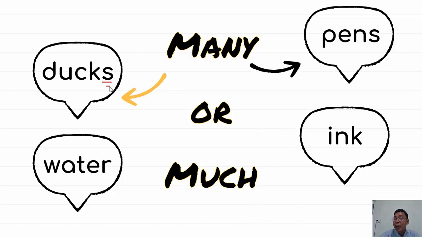Pen is a countable noun and it's in plural form. So ducks and pens use many. Many ducks, many pens. Much water, much ink, because water and ink are uncountable nouns and these two words are not in plural form.